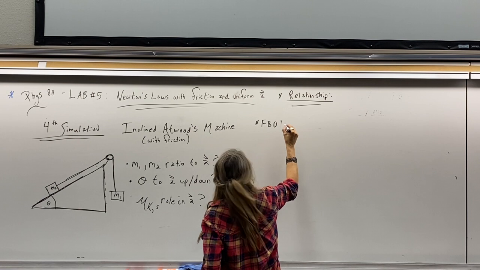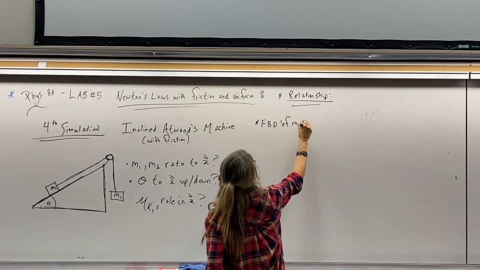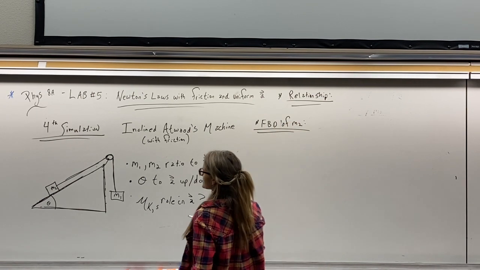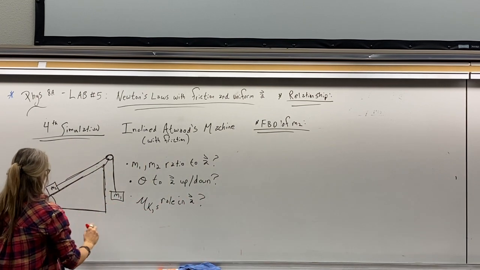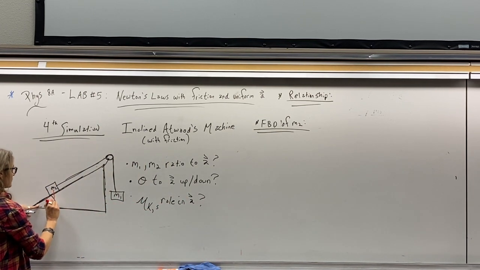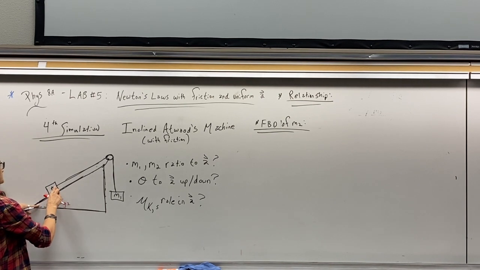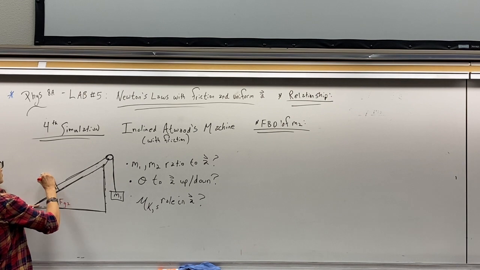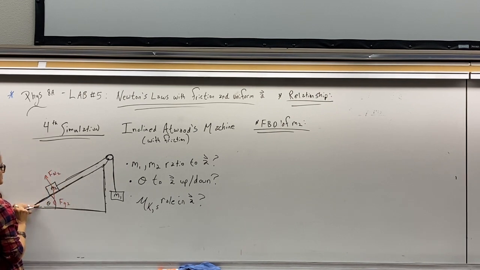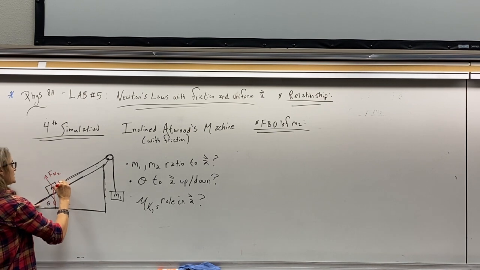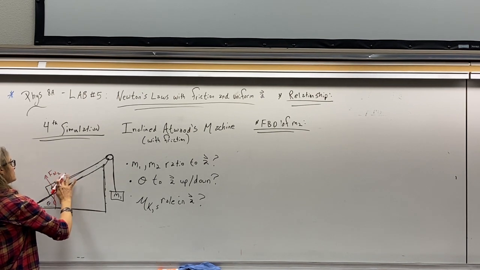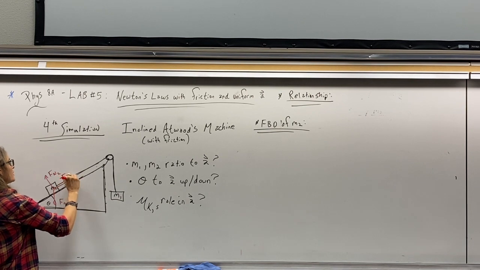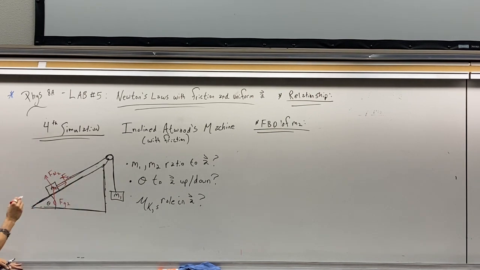let's say of M2, and we're going to do this carefully. We'll see that this is again going to depend upon this angle, and that we're going to have weight acting down, and we'll have the normal force of 2 acting upward, and we're going to have tension, Ft on 2, pulling it up, and we really don't know the ratio of masses yet.